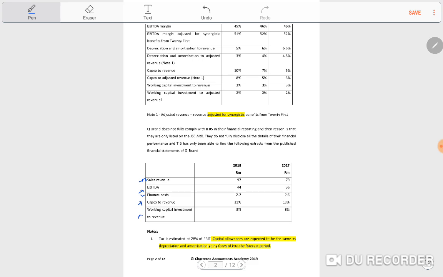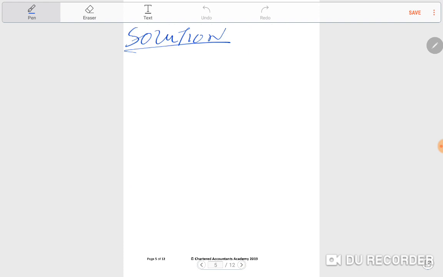So these are the required. If you look here, we also have our depreciation, but for the purpose of determining our free cash flows, we're going to use our sales revenue and our EBITDA. So if we go to our solution, we're going to have our sales revenue.